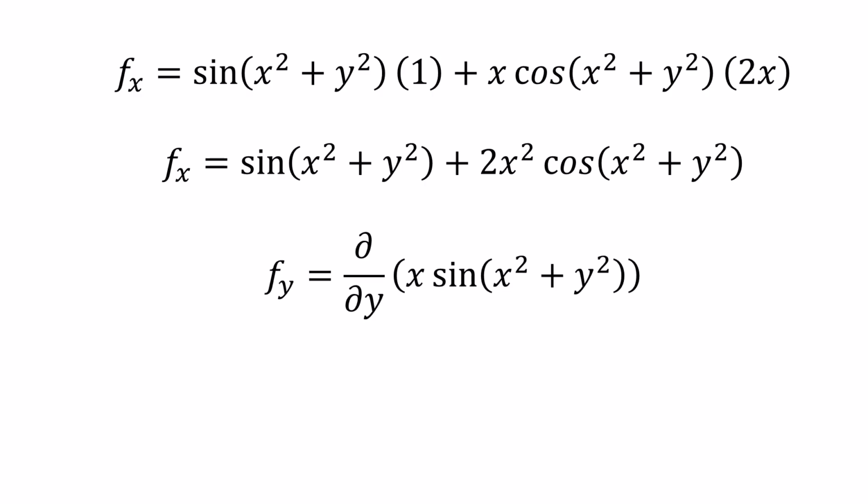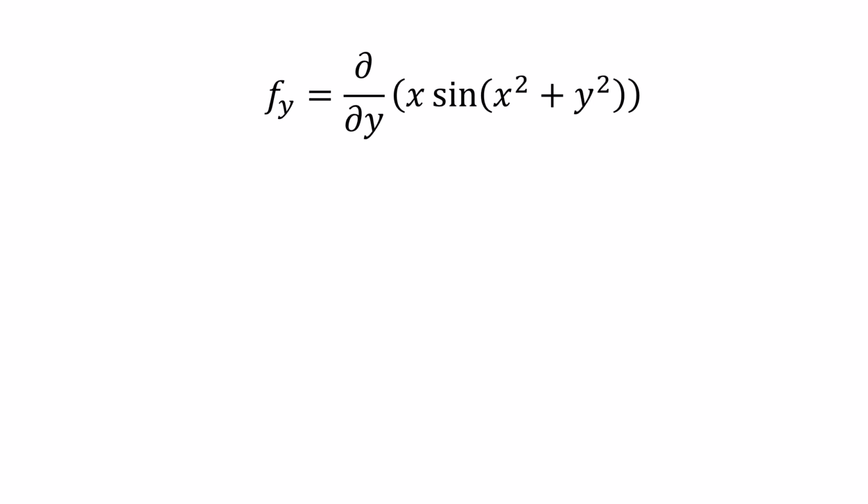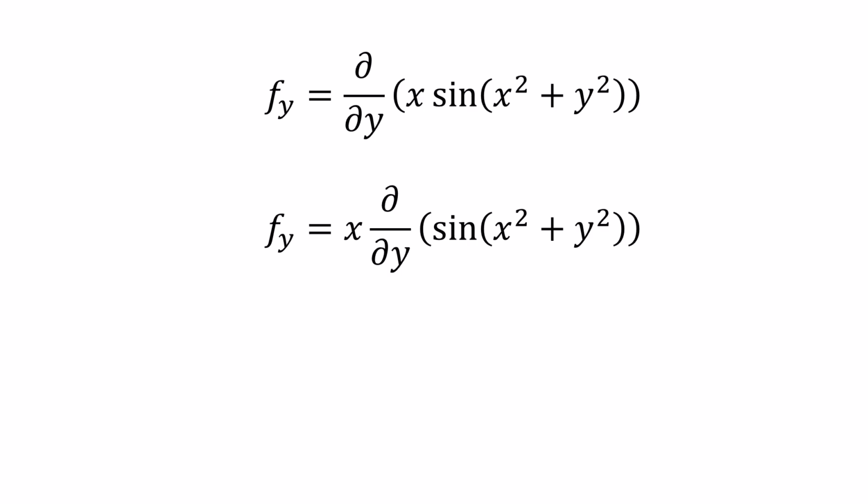Next, we take the partial derivative with respect to y. Applying the constant multiple rule gives f sub y equals x d by dy of sine of x squared plus y squared.